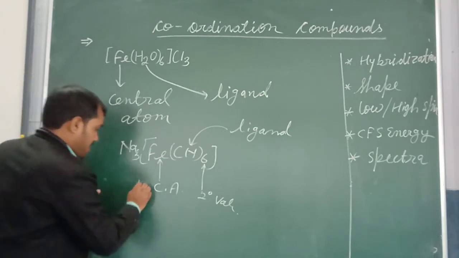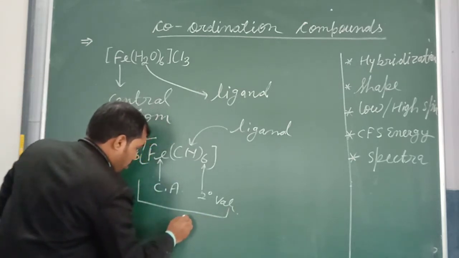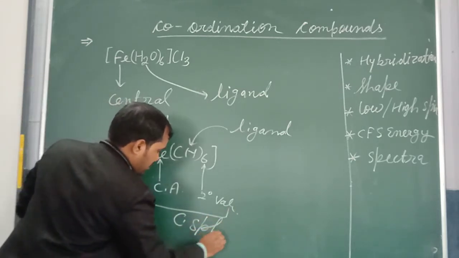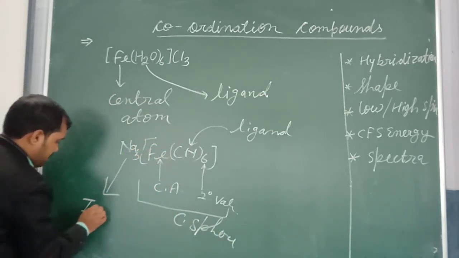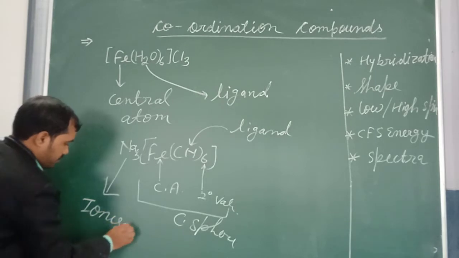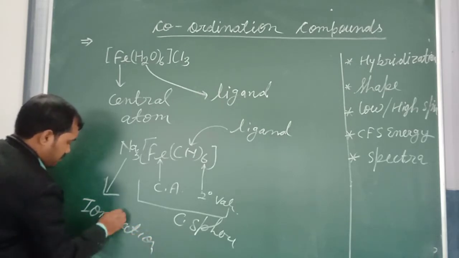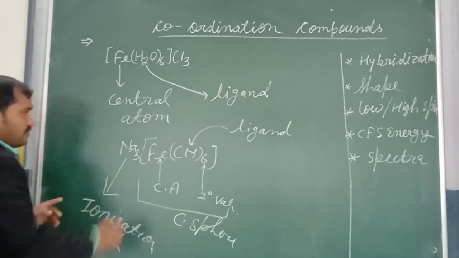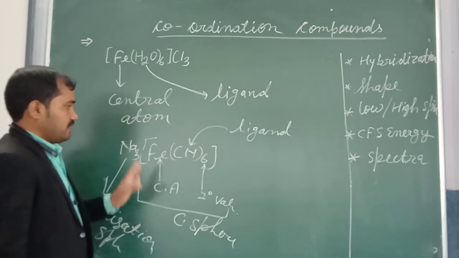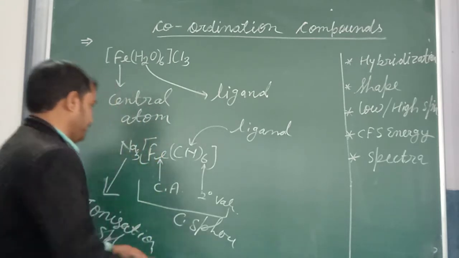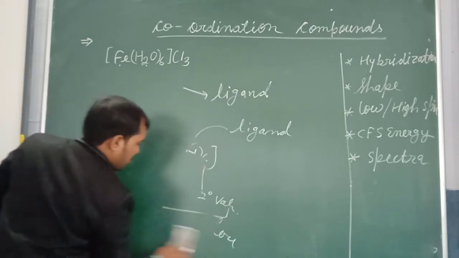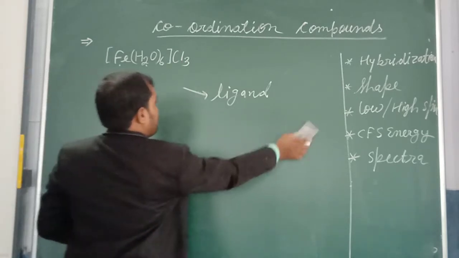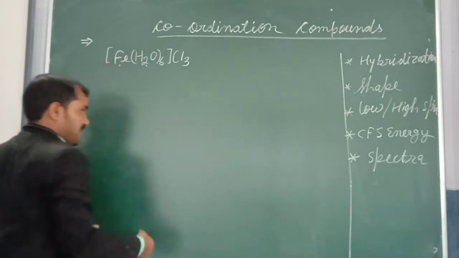This is the coordination sphere, and this is the ionization sphere. One example I have taken to explain it. Understood? Now please come. Within 20 minutes, I will try to give the whole explanation.